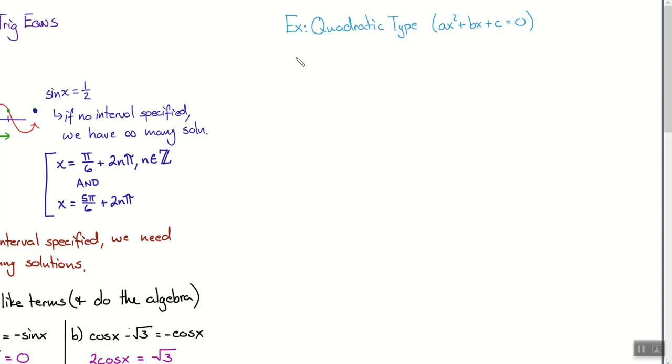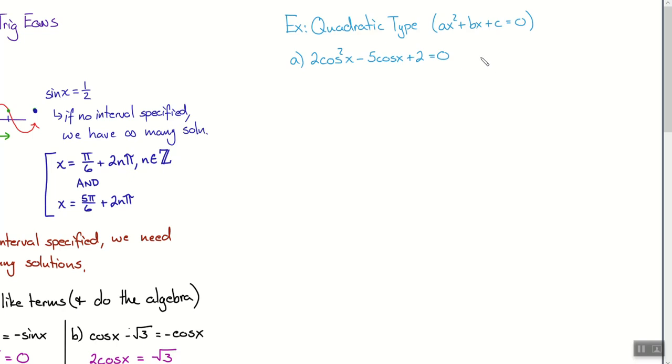So the first example I would like to solve is the following. I want to determine when the equation 2 cos squared x minus 5 cosine of x plus 2 is equal to 0.